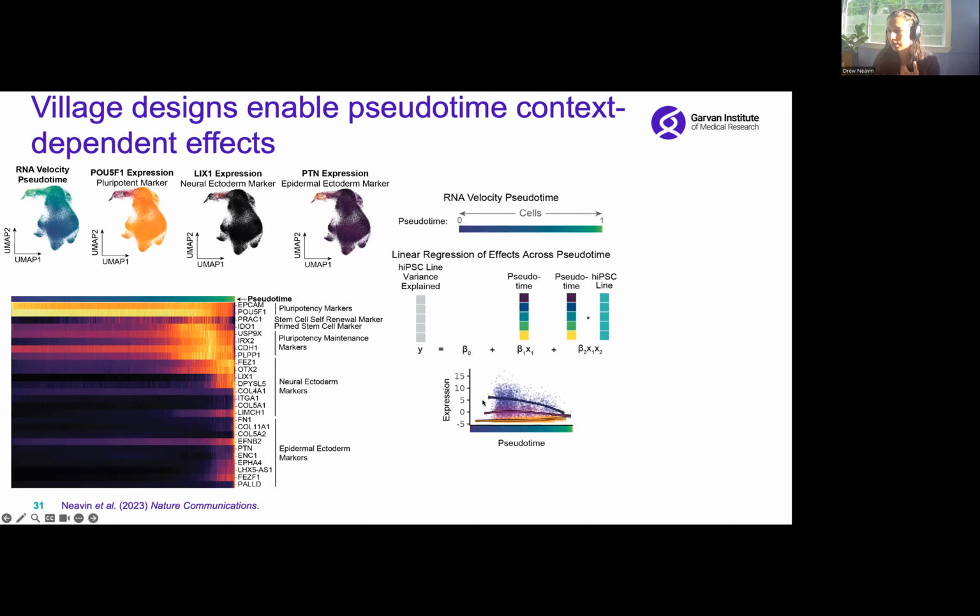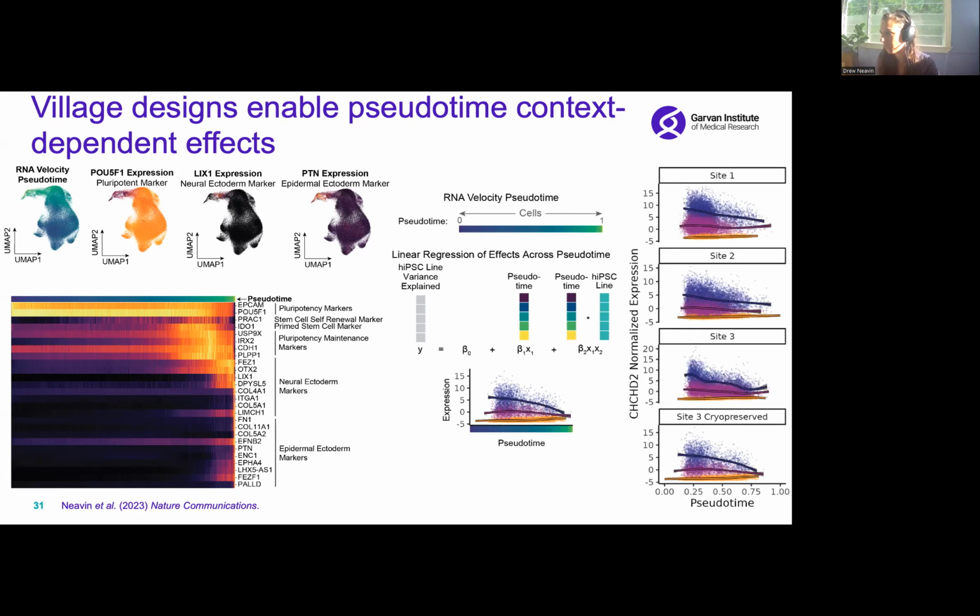So you can see in this toy example here, across pseudotime, we're seeing a continual decrease in expression of this gene. And at the higher values of pseudotime, we see much more similar expression across our 3 cell lines, the blue, purple, and yellow cell line, and we see much more variation at the lower pseudotime values.